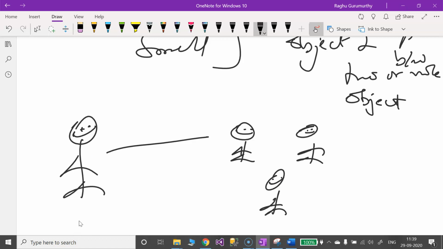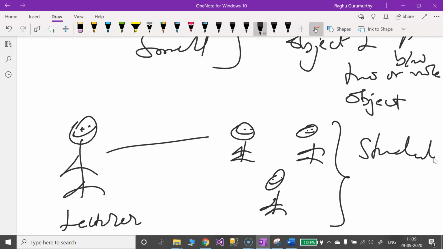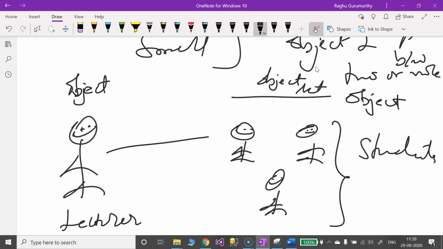Got it? Here, the lecturer is followed by students. The lecturer is an object, of course, and students are nothing but objects. We have many students here, that's why we may call it a set of objects.